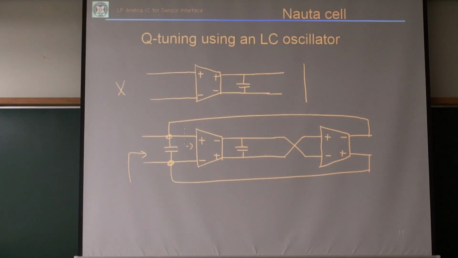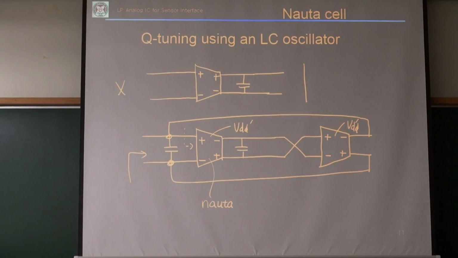Yeah, so this is my Nauta cell, okay? So I will adjust VDD prime for the GM3 to sustain oscillation.